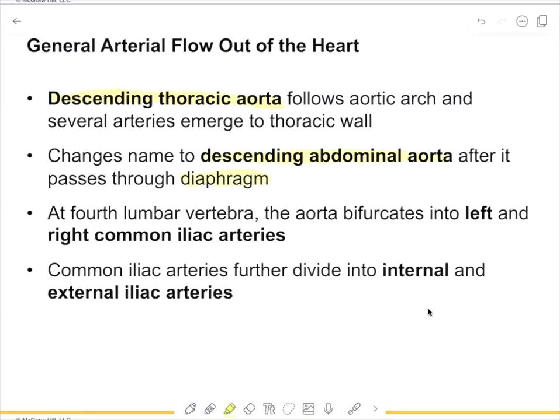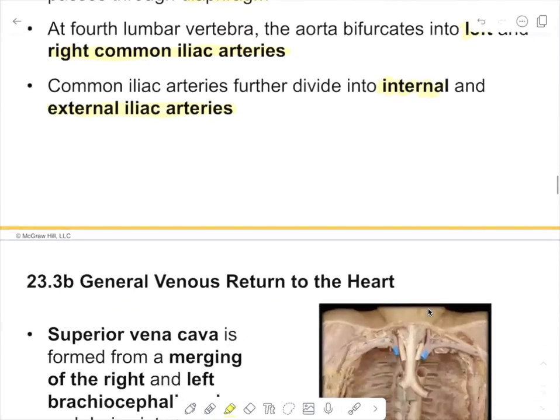So it's the same blood vessel, just has a different name because of its location. It then is going to split in the lower abdominal area to become the left and right common iliac arteries. Those common iliac arteries then continue to divide further into the internal and external iliac arteries.